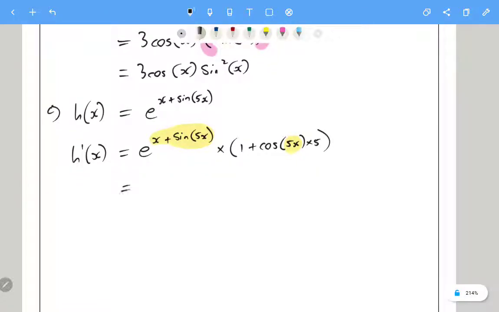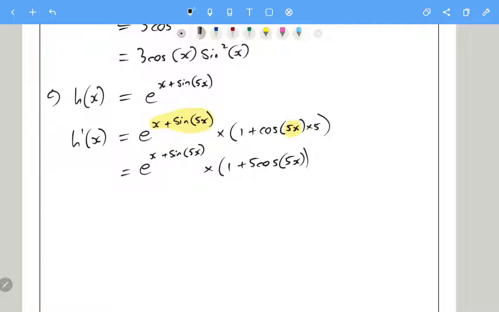Alrighty, clean up a little bit. e to the x plus sine of 5x times 1 plus 5 cos of 5x. And right here is where we've got a bit of choice. We could expand these brackets out, or we could leave it as is.